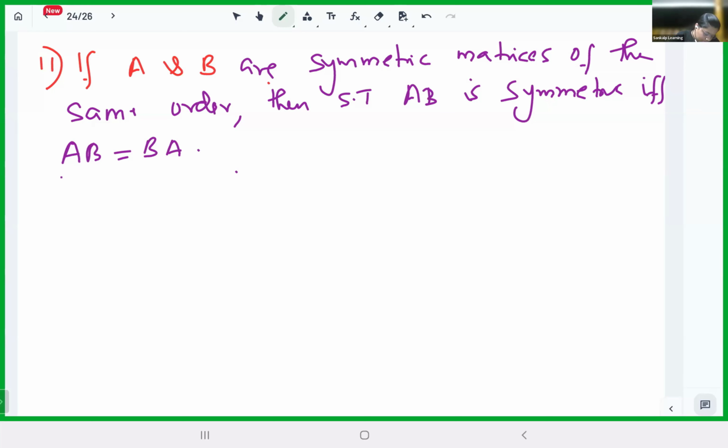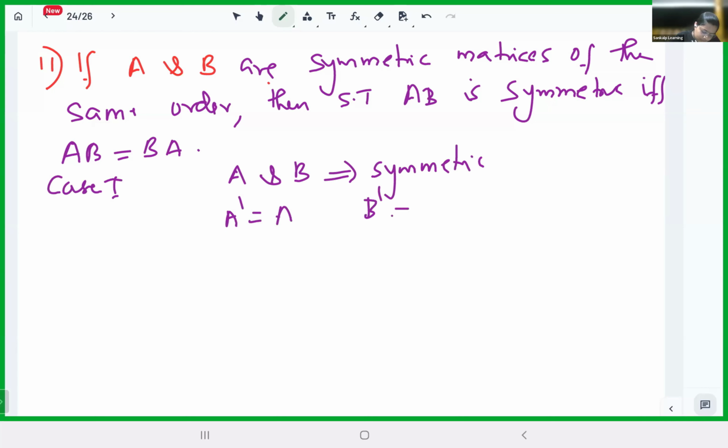Okay, so case 1. And they have already given that A and B are symmetric, right? So we can write A transpose is equal to A and B transpose is equal to B, right? So this is the condition of a symmetric matrix. And now I'm supposing that AB is symmetric. So the first part is considered, okay?